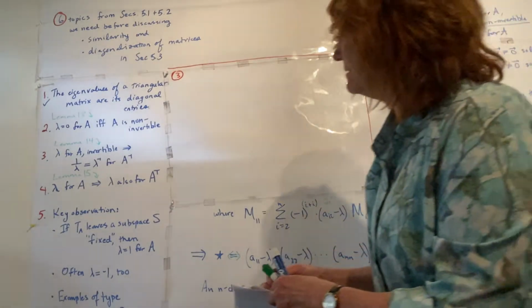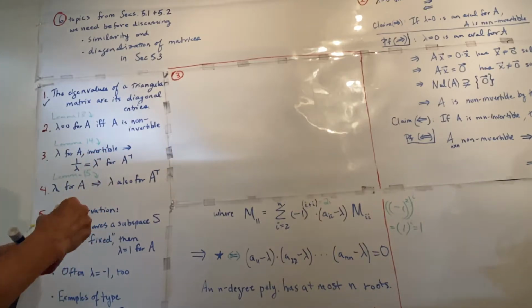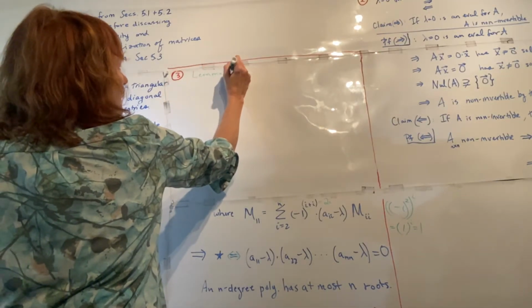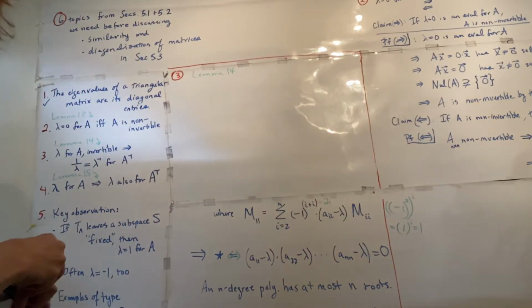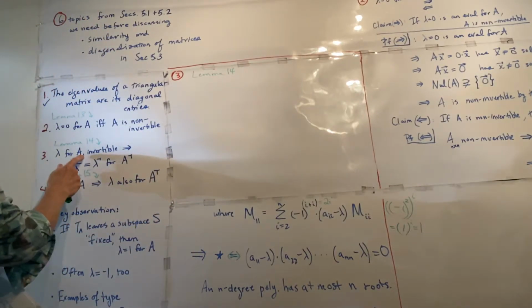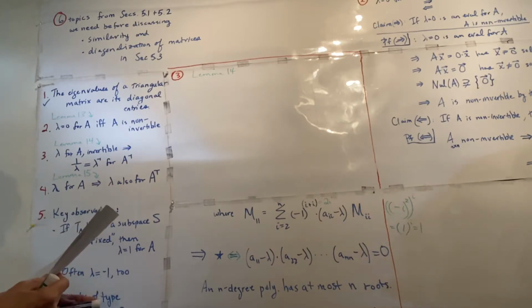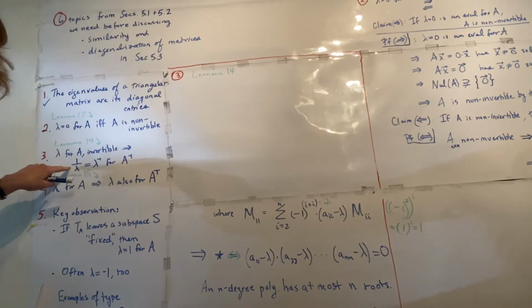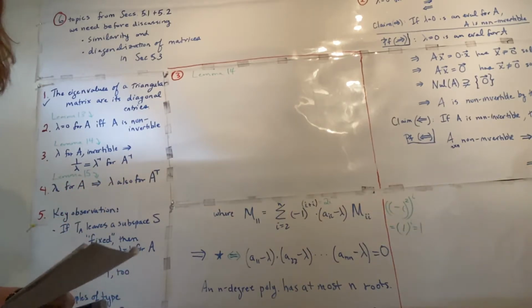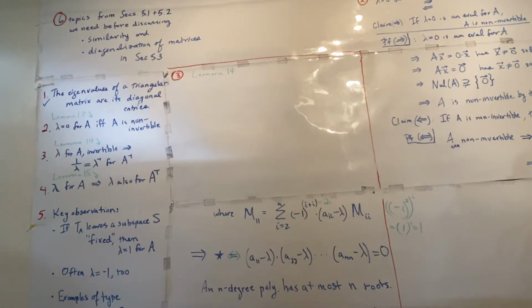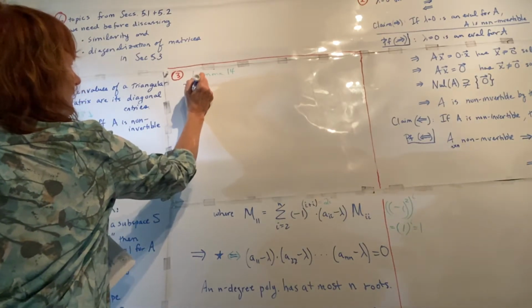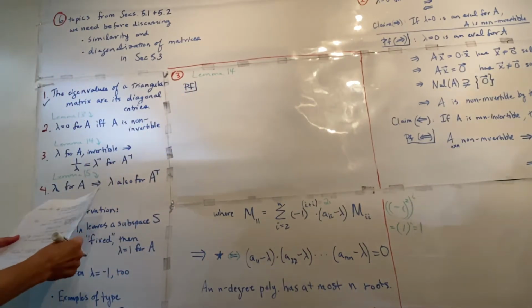Also known as lemma 14 for us now. Okay, so you have an invertible matrix with any old eigenvalue. Its reciprocal is going to be an eigenvalue for A inverse.